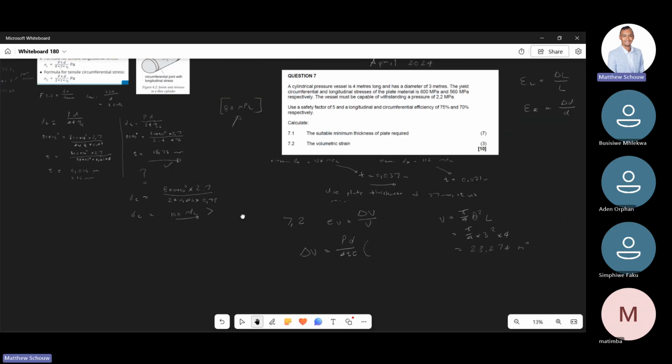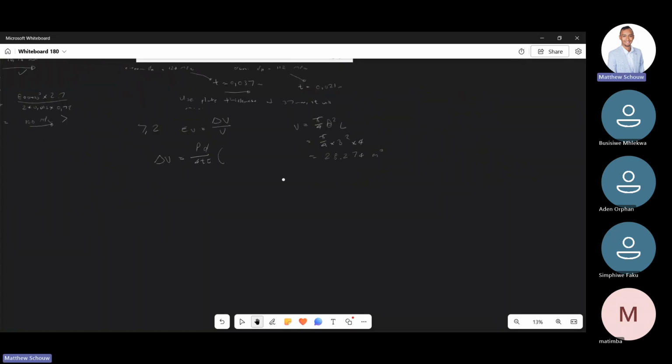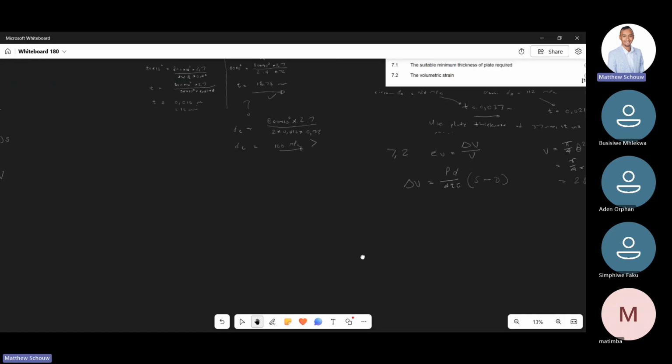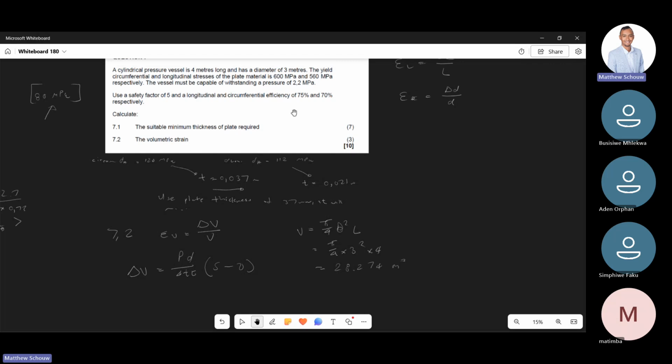Okay, so it's 5 minus 4ν. What I recommend here, if they're doing this, they probably wanted to use the other approach. But before we do that, let's quickly assume a few parameters. So we're going to assume E to be 200 gigapascals, and let's assume a Poisson ratio to be 0.3.